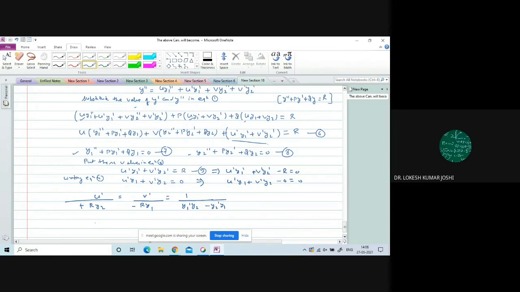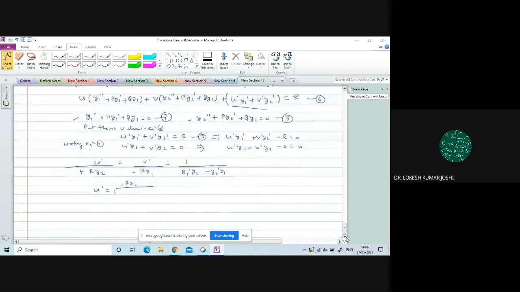Therefore, if we simplify it, we get u dash equals minus r y2 upon y1 y2 dash minus y2 y1 dash, and v dash equals r y1 upon y1 y2 dash minus y2 y1 dash.